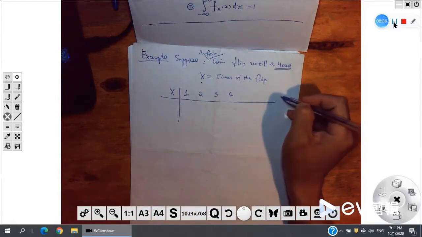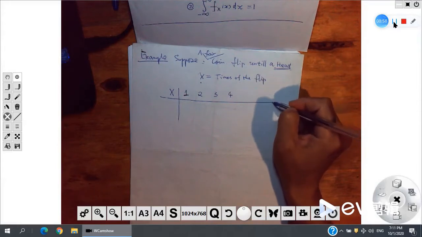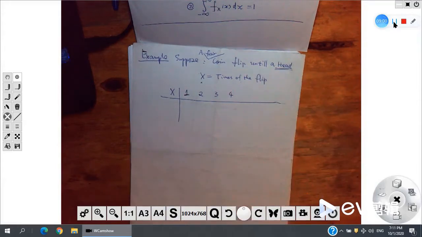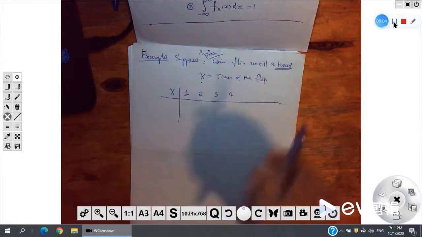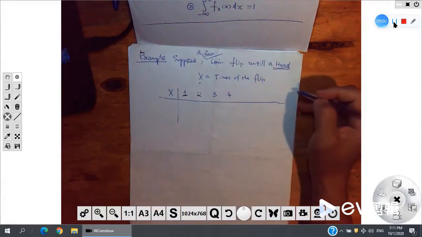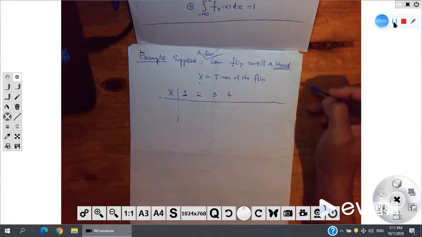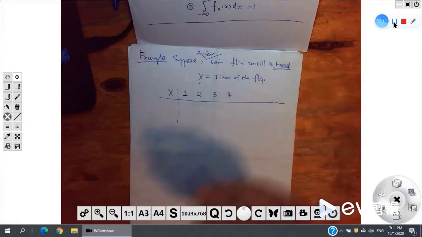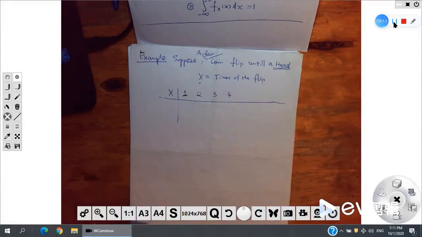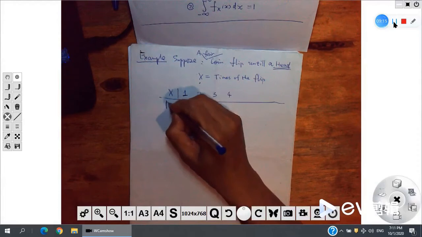It's endless, right? Even you can imagine you need 1,000 or 1,000,000,000 times and you still do not have a head. You keep working until infinity. Is it possible? It's still possible. The probability should be very, very small, right? And what is the probability?